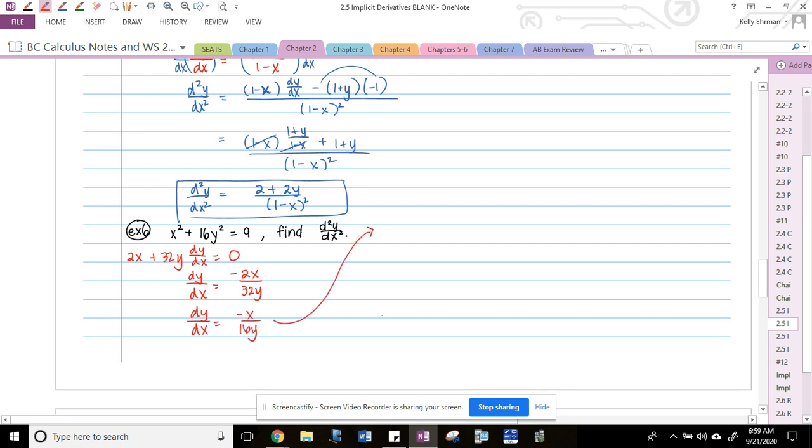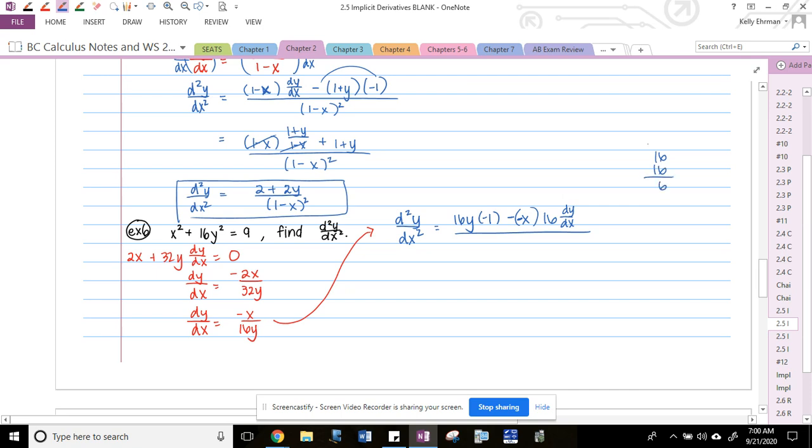I have to do quotient rule to take the second derivative. Second derivative of y with respect to x. It's quotient rule again. So low d high minus high d low, minus high minus negative x d low over low.